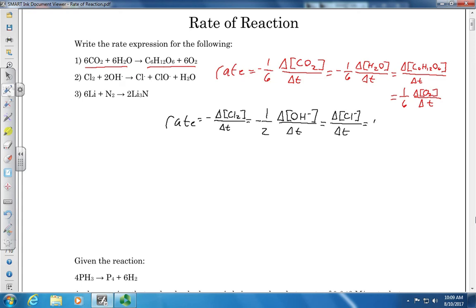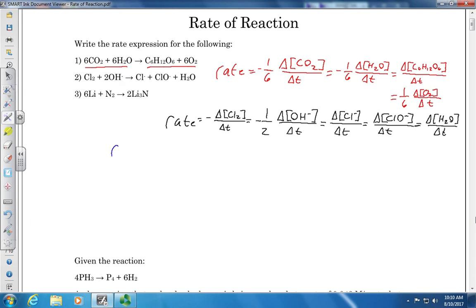which is equal to positive the change in the chlorite ion over change in time, which is equal to the change in concentration of water over change in time. Okay, last one, number 3.